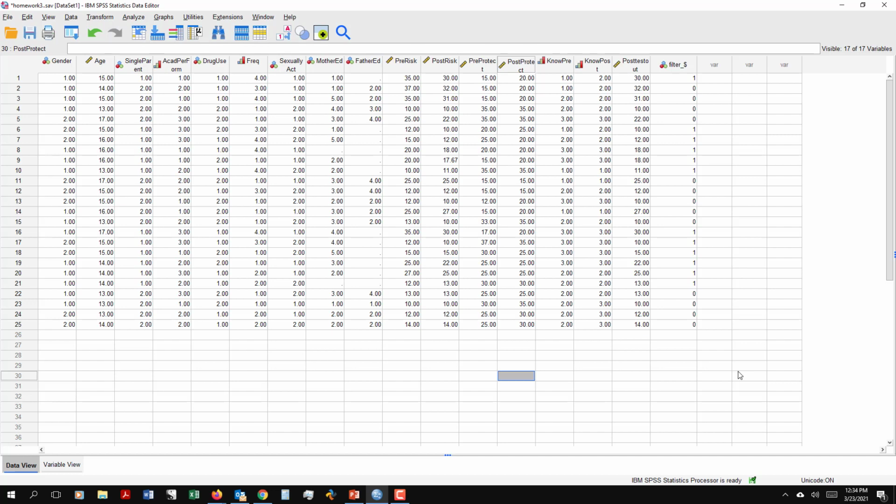Anything else beyond that for the purpose of our question and our evaluation would be informative. Was there a difference for boys and girls? Was there a difference between the factors if it was single parent family, or if there was drug use, or if they were sexually active? All of those can be looked at here. So it depends on, as the researcher, how in depth you go with this.